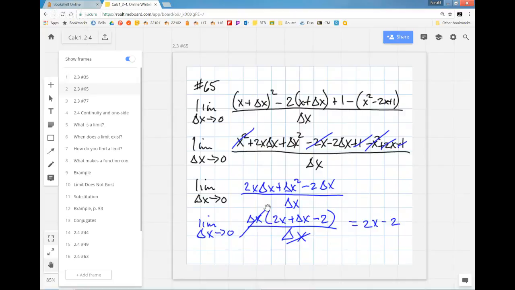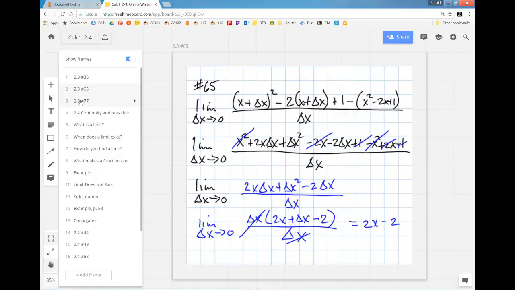And there, we still have a problem. We still can't substitute because of delta x on the bottom. But notice every term on the top has a delta x, so you can factor it out. And when you factor it out, at last you can cancel, leaving you with the limit as delta x approaches 0 of 2x plus delta x minus 2. And now you can substitute and you get your result.